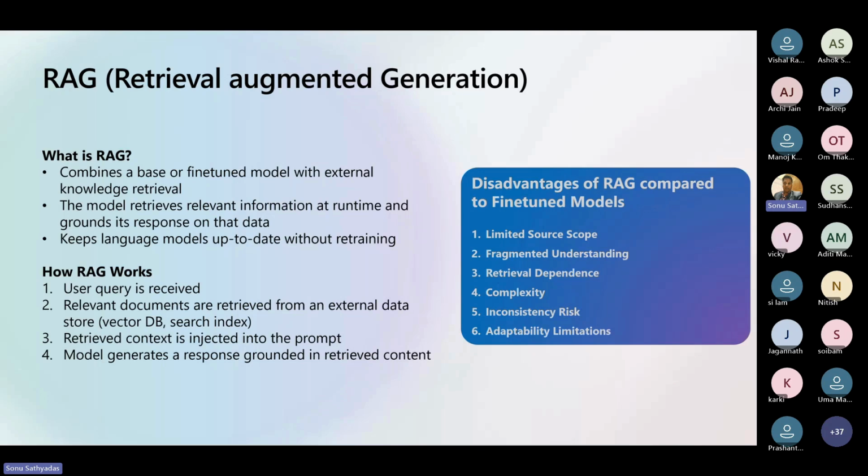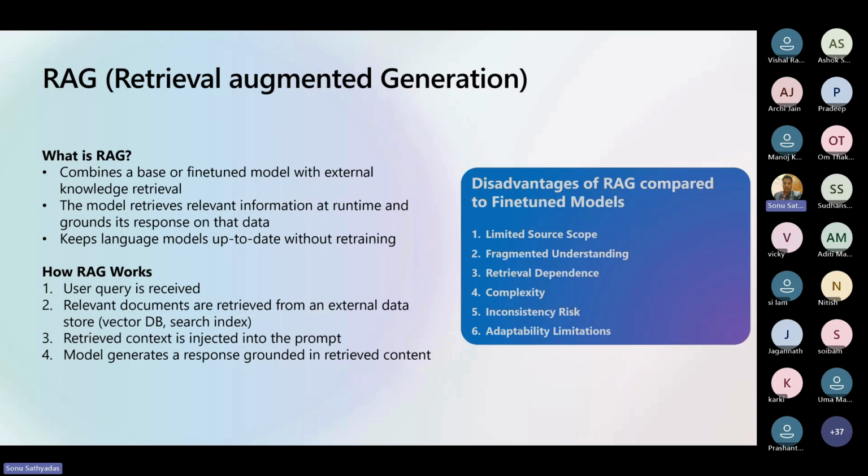Means whenever you ask a question, the model is not going to immediately give the answer. Instead, the model will refer a data source, search and find the matching answers, and then generate the answers based on that search result. So this combines a base or fine-tuned model with the external knowledge retrieval. Means we can use either a fine-tuned model for more accuracy, or we can use a base model.